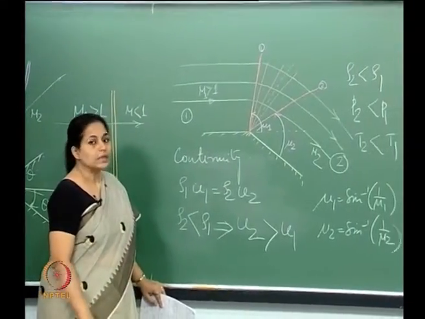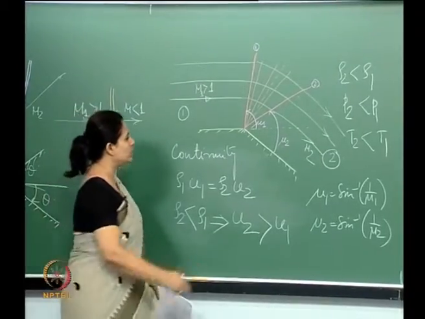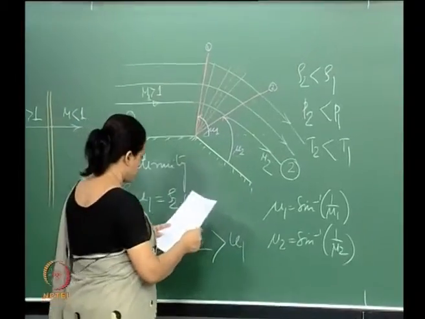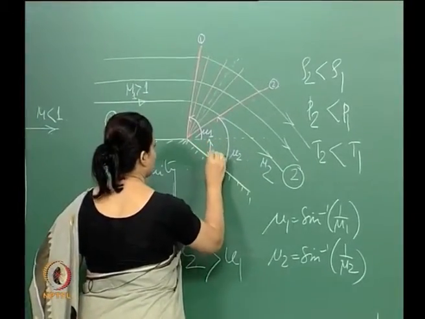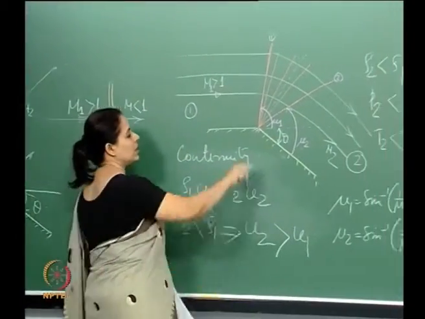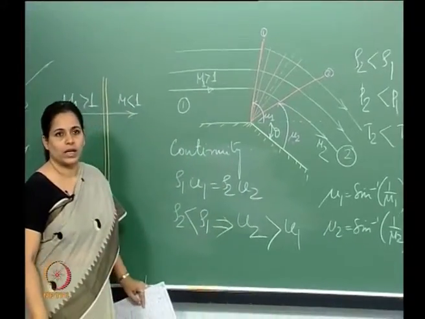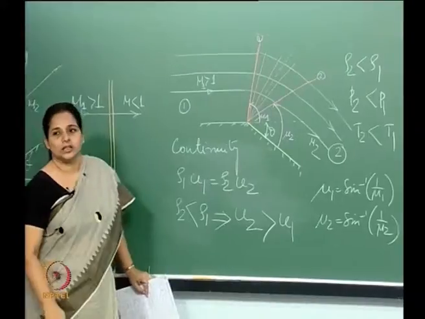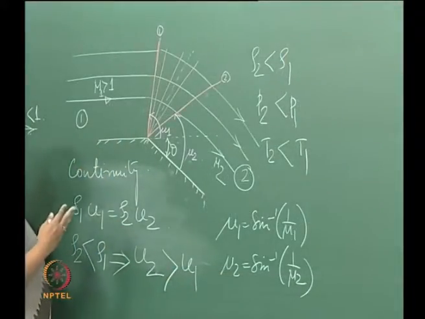So this is how the structure looks like. Now due to this turning angle, let's call this theta. If we turn this flow by an angle theta, there is again a change in properties. The change in properties in this particular case is due to this expansion fan.